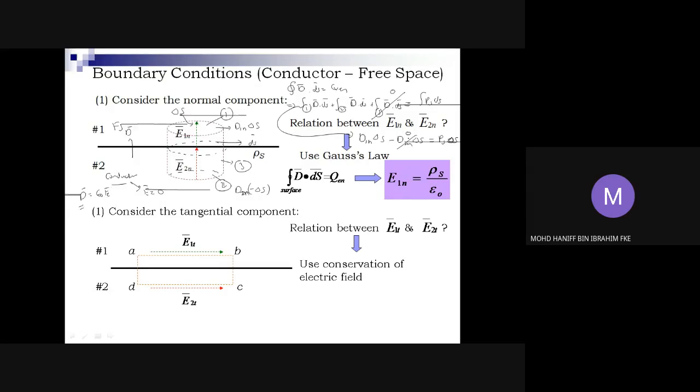So for this equation, initially we have D1n delta S minus D2n delta S equals rho s delta S. But knowing that D2n will be 0 as a result of this condition in your conductor, I have simplified the equation to D1n delta S equals rho s delta S. So delta S and delta S cancel out, and we have D1n equals rho s.